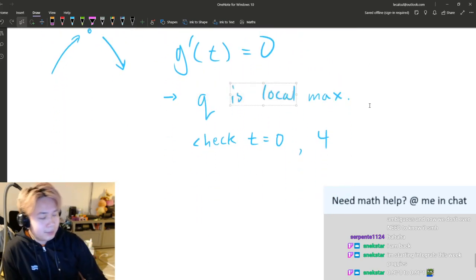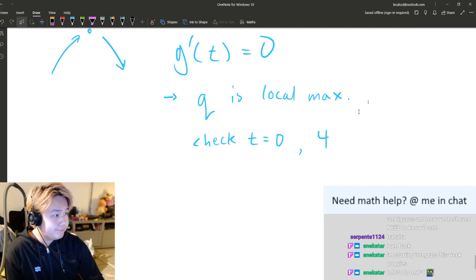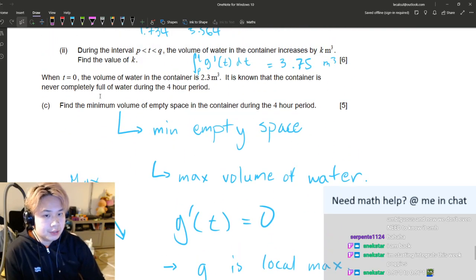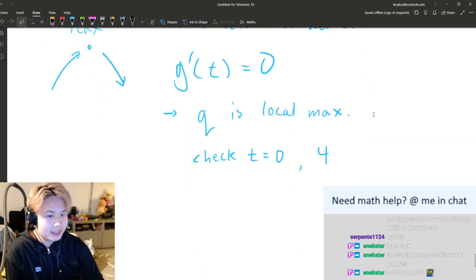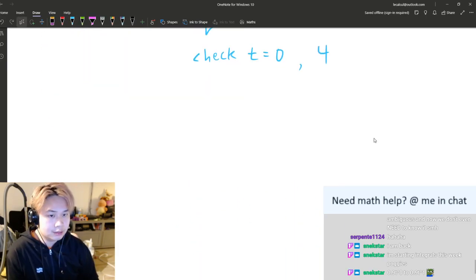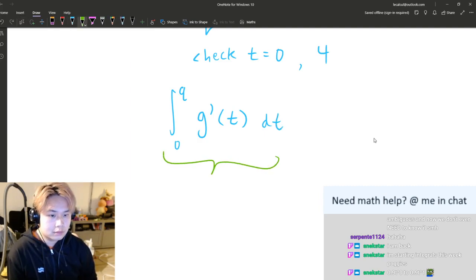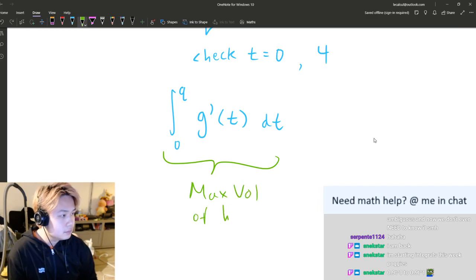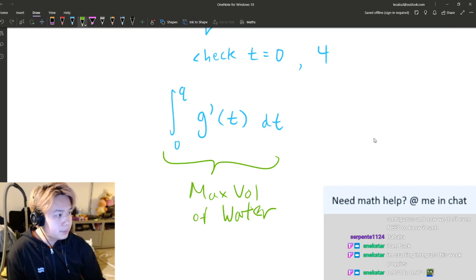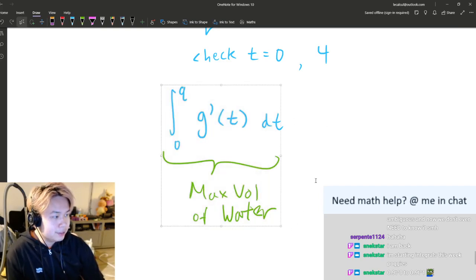Okay, so Q is the local max, is what they're saying. So to find the minimum volume of empty space, then what we do is we find, so this is the maximum volume of the water.